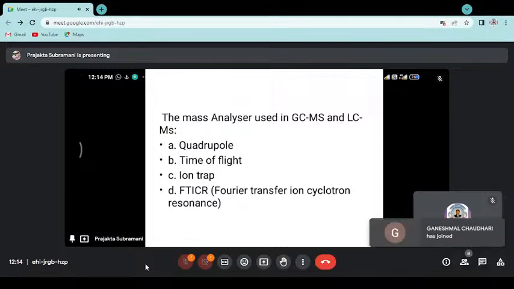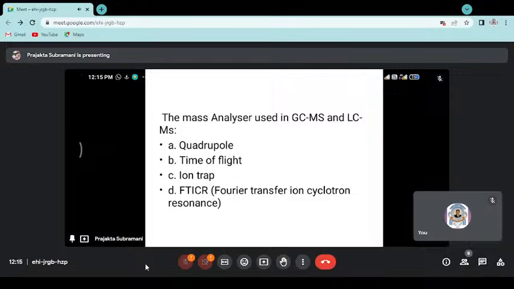When the ions travel towards the detector, the lighter ions strike the detector first. So the most useful mass analyzers in GCMS as well as LCMS are the quadrupole mass analyzer and the time of flight mass analyzer.